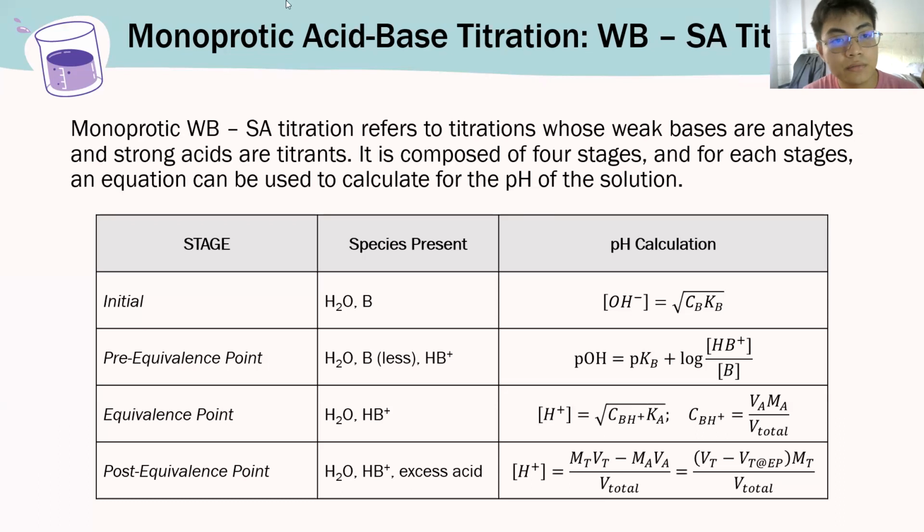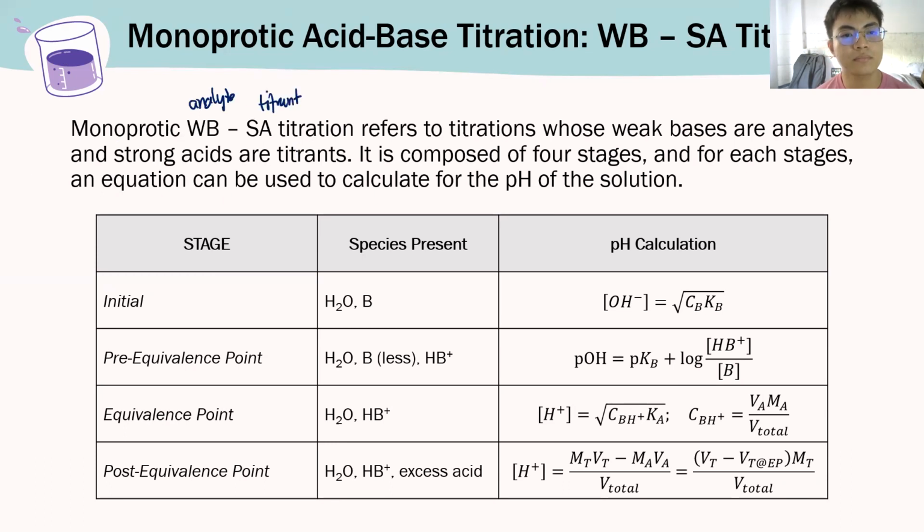Okay, so here we are at the weak base strong acid titration. Again, we skip the calculation for now so we can continue smoothly later on. Let's explain all the equations first. For weak base strong acid titration, it's like the weak acid strong base from earlier, just reversed. Your weak base is your analyte and the strong acid is your titrant.